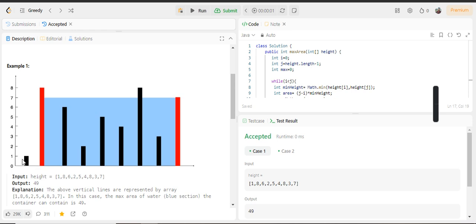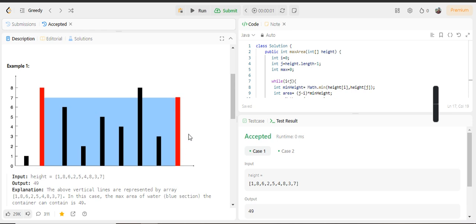Then we move to the next one and get the area again. We compare with the previous one to see which has more area, and we store the larger one. Then we move again.